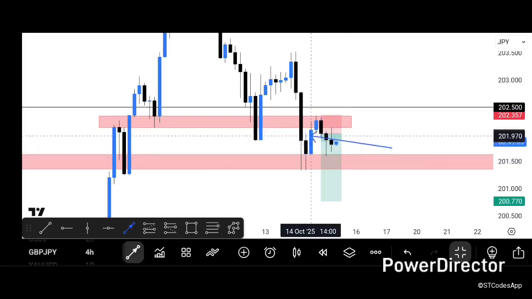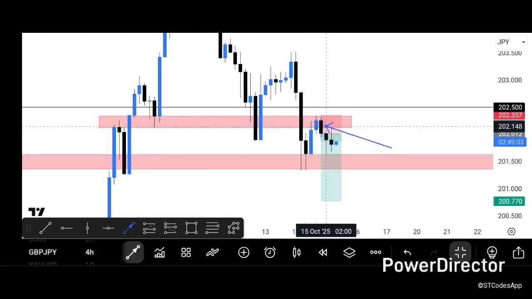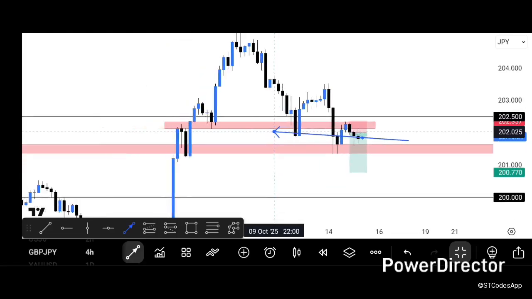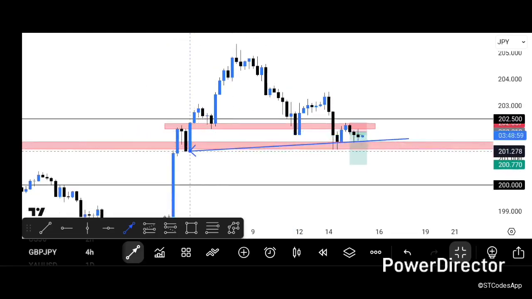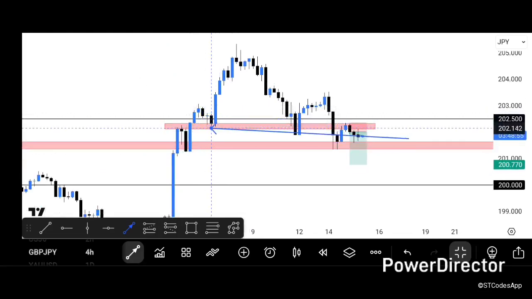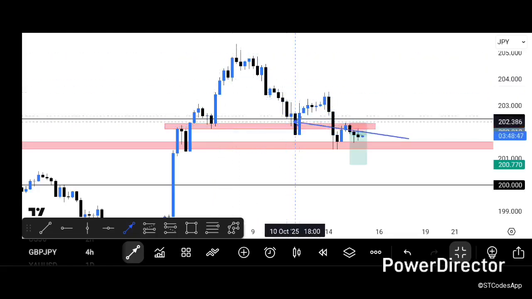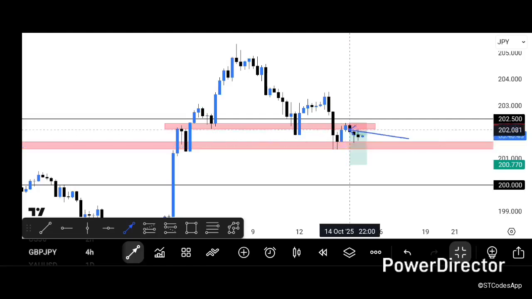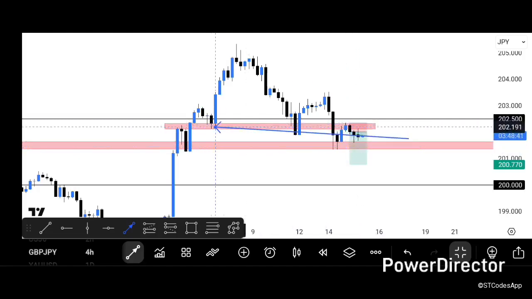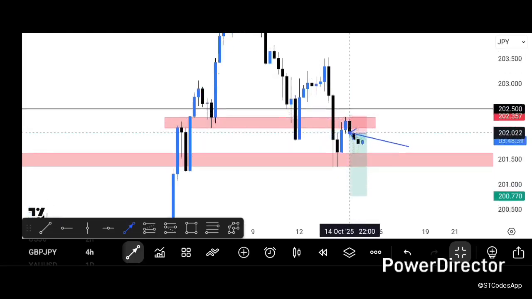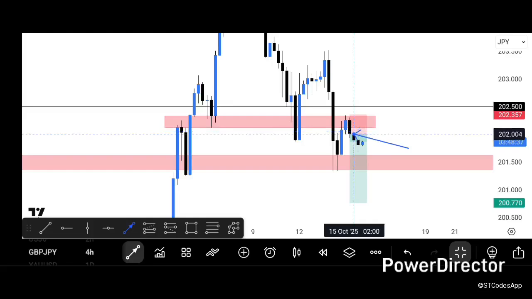As soon as price rejected this, if you look at the structure, you can also see that this was the last higher low on the 4-hour time frame. Price broke below the last higher low, came back to retest the last higher low zone, as you can see, and rejected off that zone.